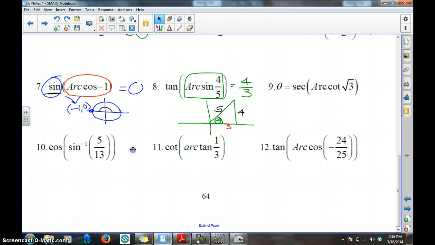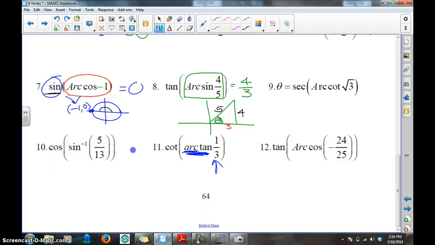It helps a lot to think about the relationships between these angles. Watch this next one. This is two angles, or infinitely many, however you want to think about it. But the angle that I'm thinking of here has a tangent of 1/3. Whatever this angle is, and there will be infinitely many of them, their tangent is 1/3.